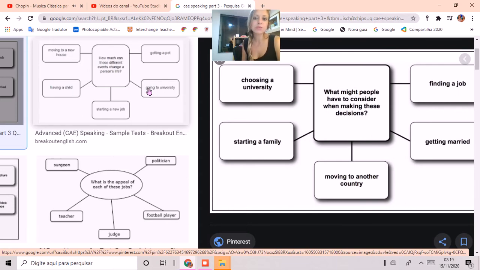So choosing a university can be a very difficult decision, okay, because you have to consider both what you think about that job and the reality of it, because we tend to see that in a romantic way, and when we actually are there working, it may be very different.